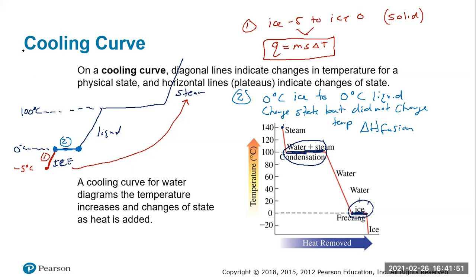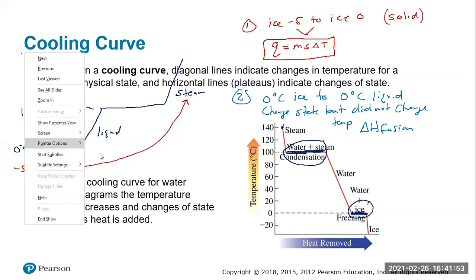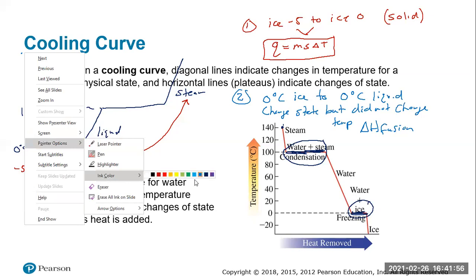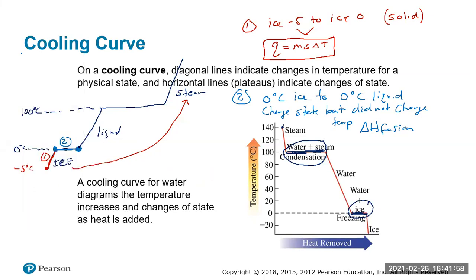After we would do that, we would be sitting at 0 degrees liquid water. The next thing that we would do is go from 0 degrees liquid water all the way up to 100 degrees liquid water. So I'll go step 3 up here, 0 degrees liquid water to 100 degrees liquid water.